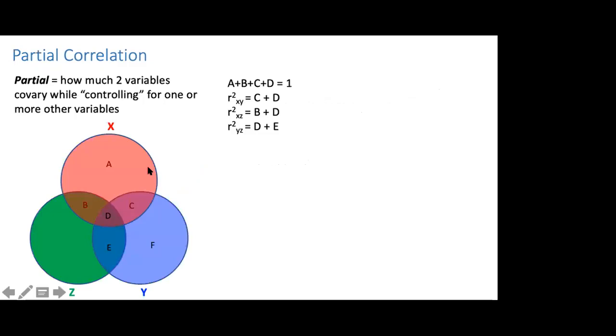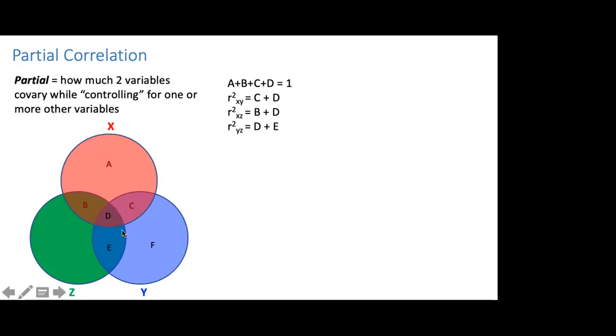Okay. And what does partial correlation mean? It means we control for one or more other variables. So let's assume we want to know the partial correlation between X and Y, and we want to control for Z. What are we doing? We are removing the influence of Z from both X and from Y. So what remains from X when we remove the influence of Z?